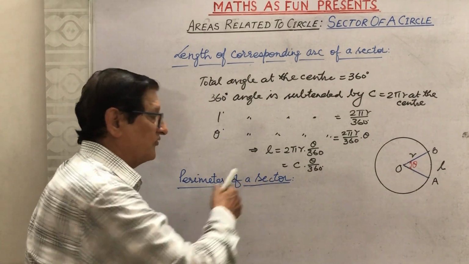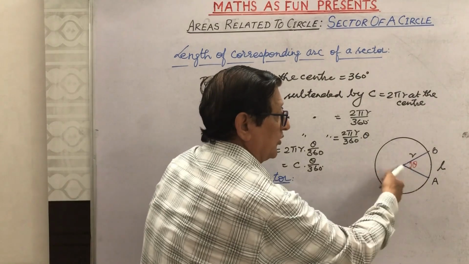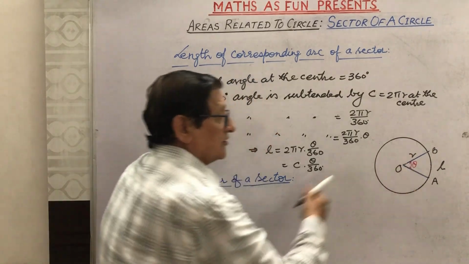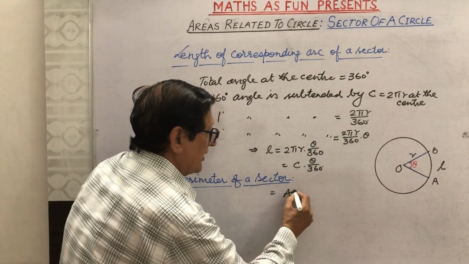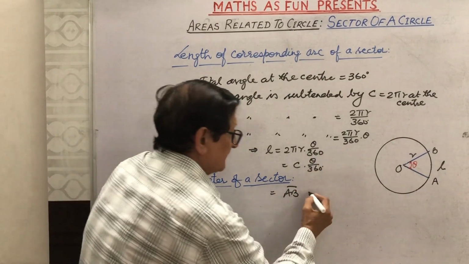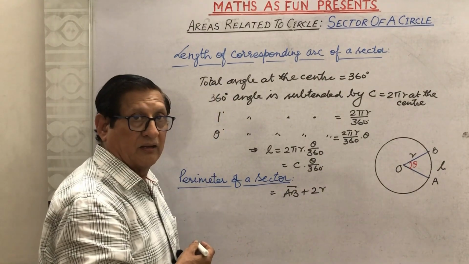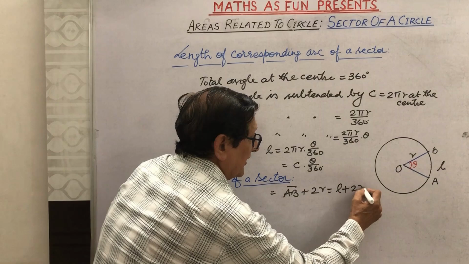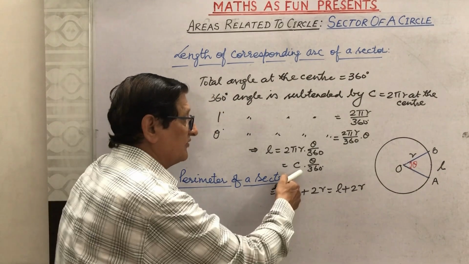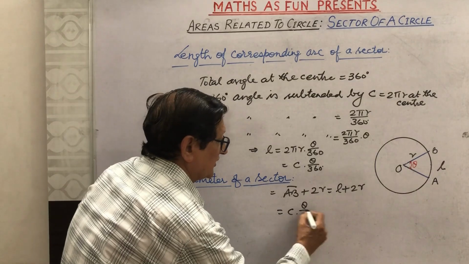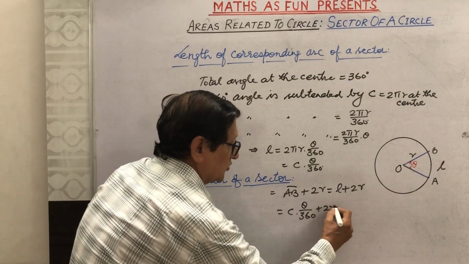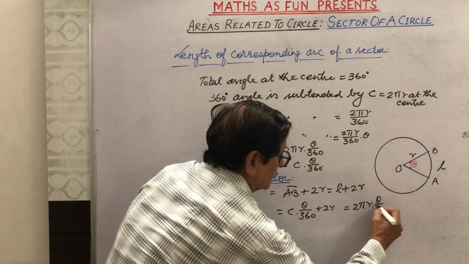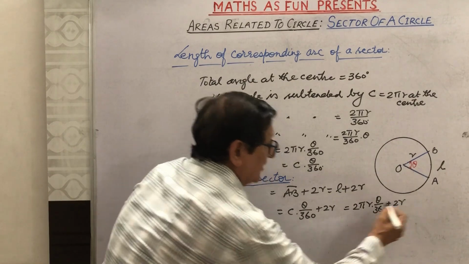Now to find out the perimeter of a sector, we know that perimeter is the boundary of the sector, and here the boundary of sector AOB contains the length AB, that is arc AB, plus 2 radii. We know the length of arc AB is equal to L, so that will be L plus 2r, and we have found the value of L here, that is C into theta upon 360 plus 2r, or we can say it is 2 pi r into theta upon 360 plus 2r.